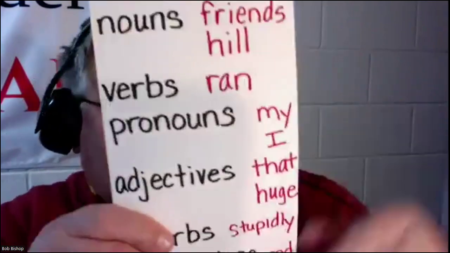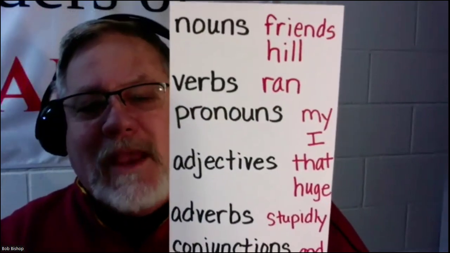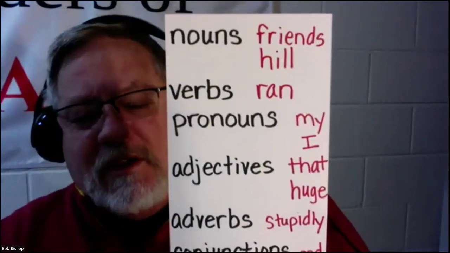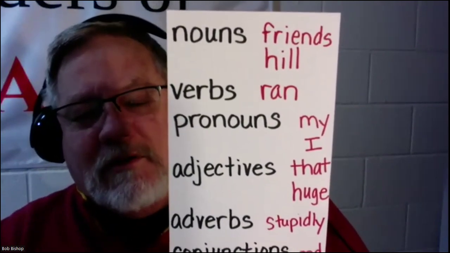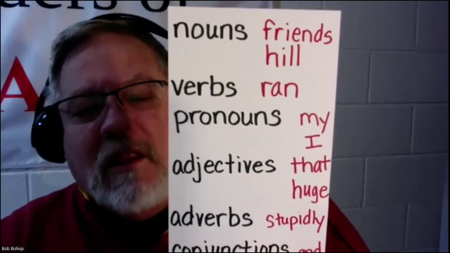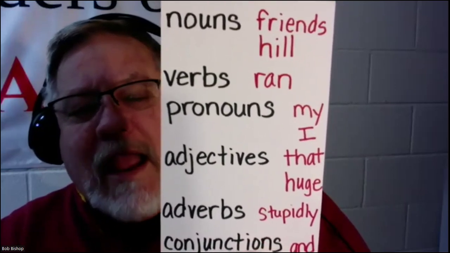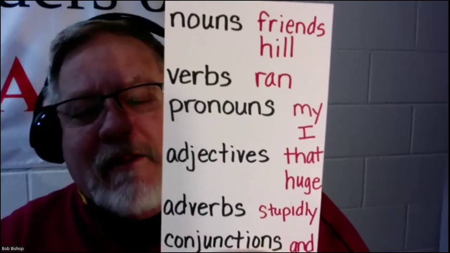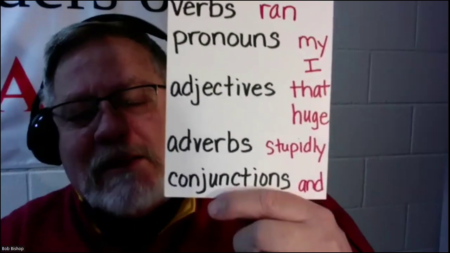If you didn't get these down, I suggest that you write that sentence down and make sure you have these, because these would be examples of all the things that we've covered. The nouns, friends and hill. The verbs, only one verb, ran. Pronouns, my and I. Adjectives, that and huge.